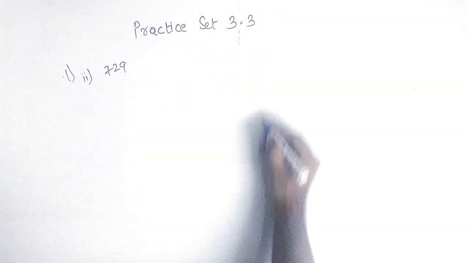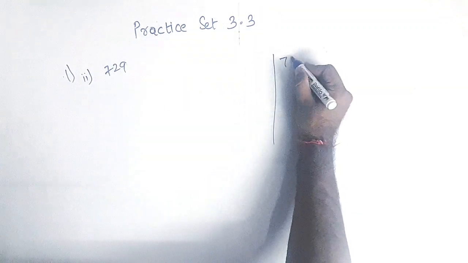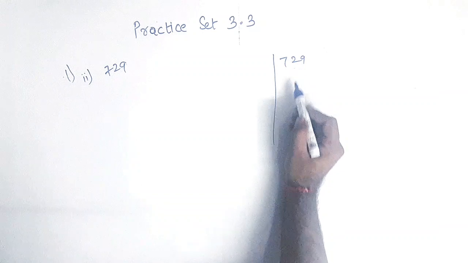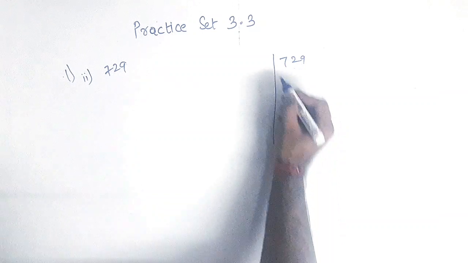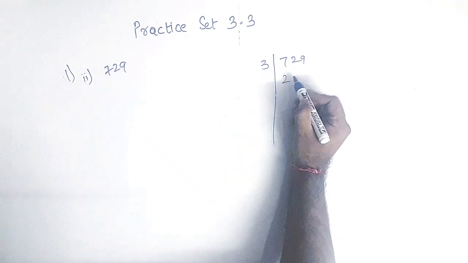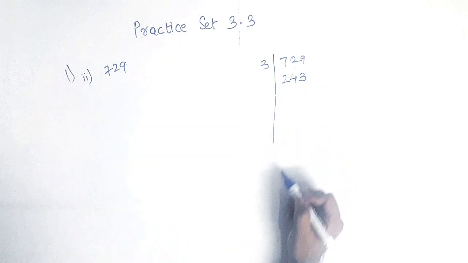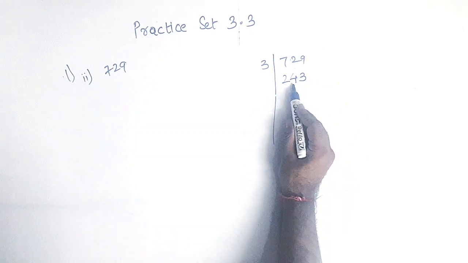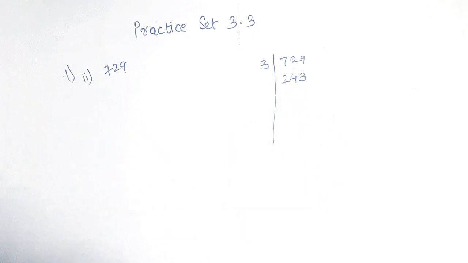The second one is 729. This number is not divisible by 2, so we'll check with 3. 7 plus 2 is 9, 9 plus 9 is 18. So yes, this number is divisible by 3. 3 twos are 6, 1 remains, 3 fours are 12, 3 threes are 9. Again this is divisible by 3: 4 plus 2 is 6, 6 plus 3 is 9.